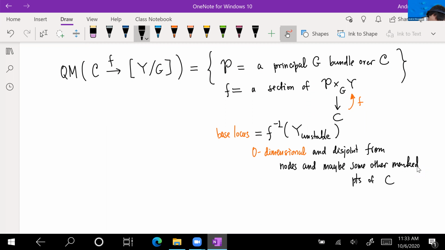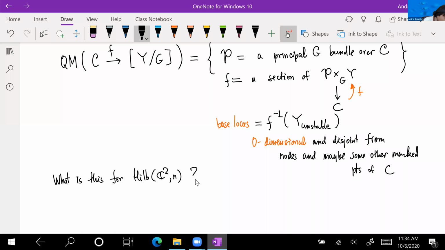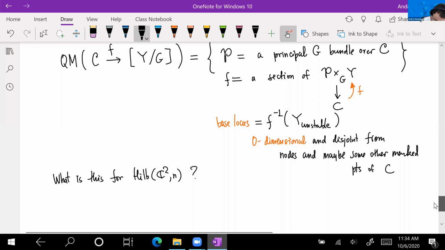And so what would that be for the Hilbert scheme of points? Let's dive into that question straight away. What is this for Hilb of C2, n?